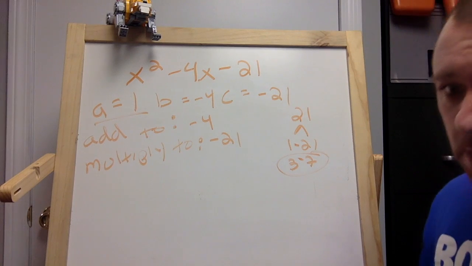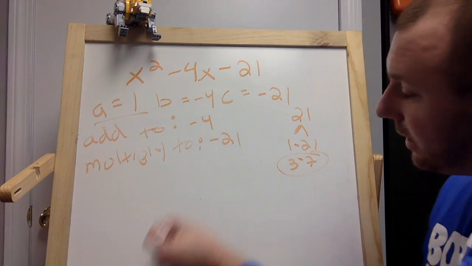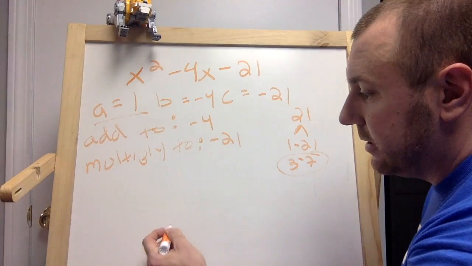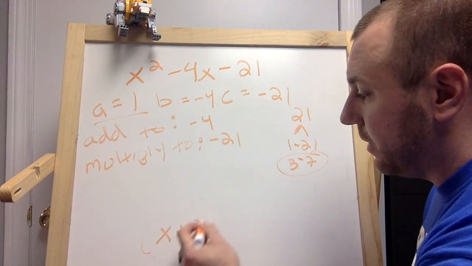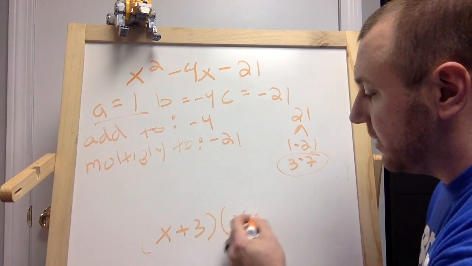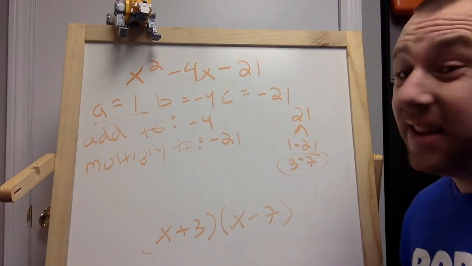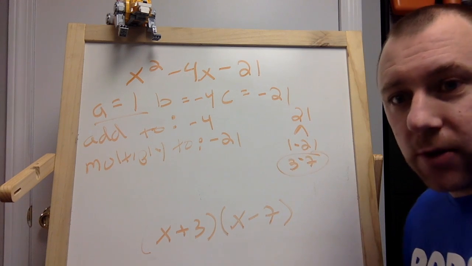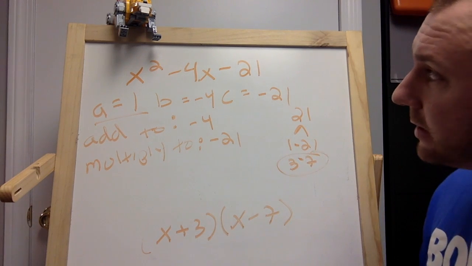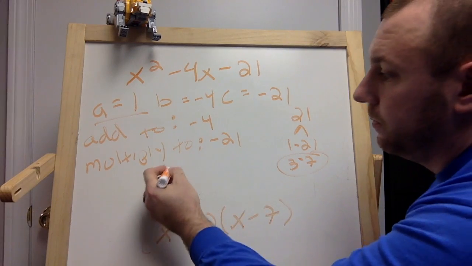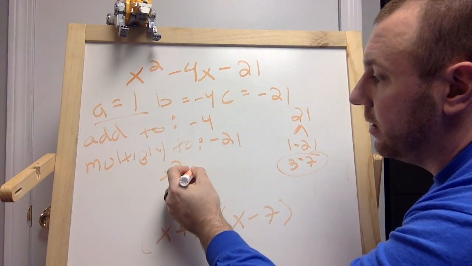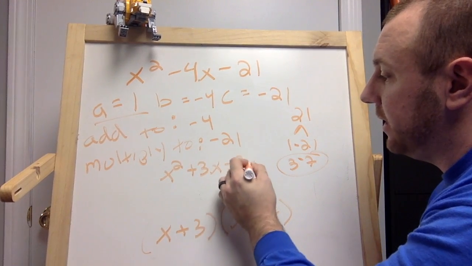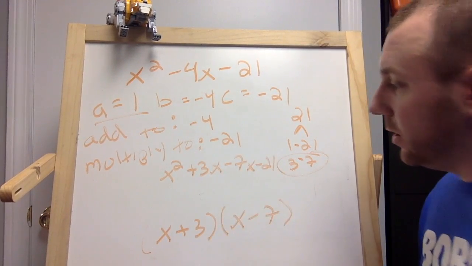So some people are already at the point where they can jump right to the answer. They know that this answer is going to be x plus 3 and x minus 7. That's ultimately what the factored form of this quadratic is going to be. But to get there, what I'm going to do is I'm going to say x squared plus 3x minus 7x minus 21.